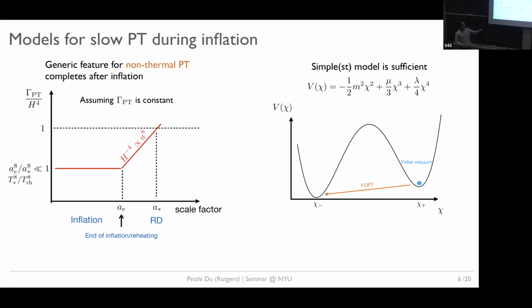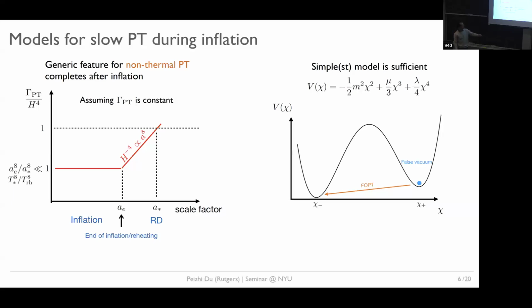We have the chi-squared, chi-cubed, chi-fourth terms, and we want to enforce that the mu parameter is small. If mu is small or 0, there is a Z2 symmetry, so mu can be technically natural to be small. And we have the negative mass squared, so we get the double well potential like this.